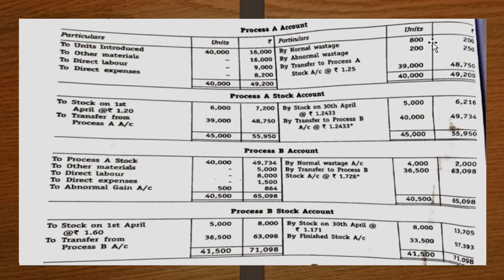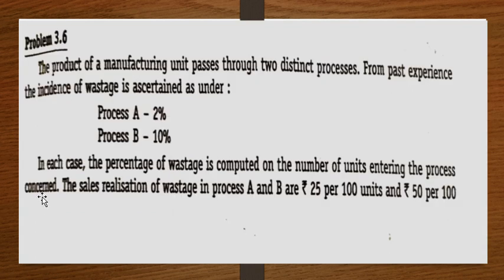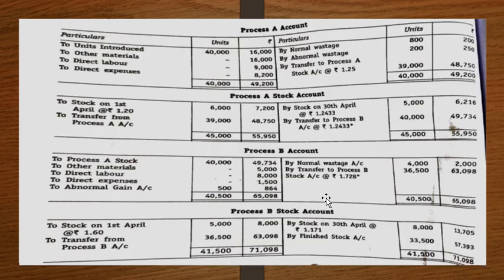So how will we calculate the normal loss cost? They have stated that the sale realization of wastage in process A and B is rupees 25 per 100 units. For 100 units it is 25 for process A, but your normal wastage is 800 units as per the calculation.